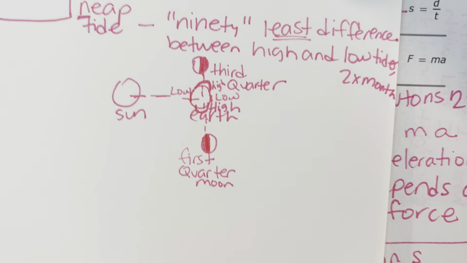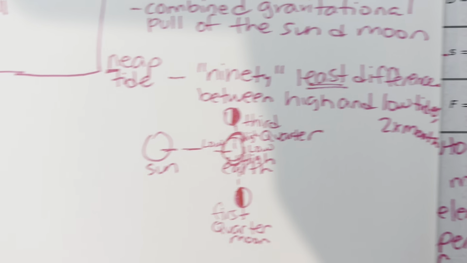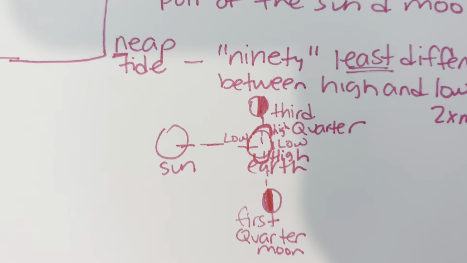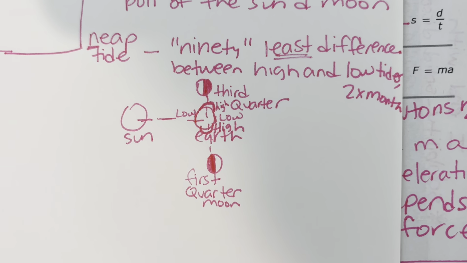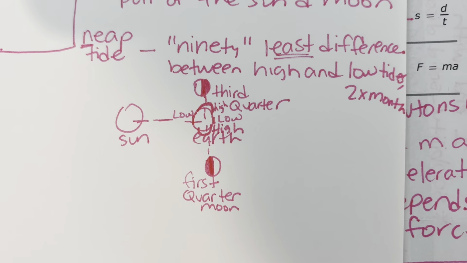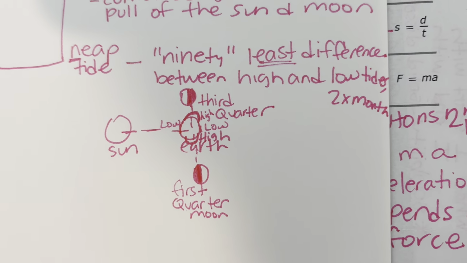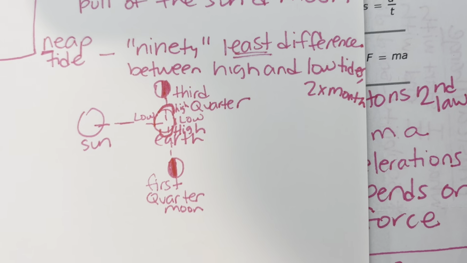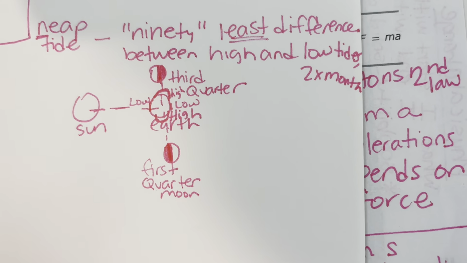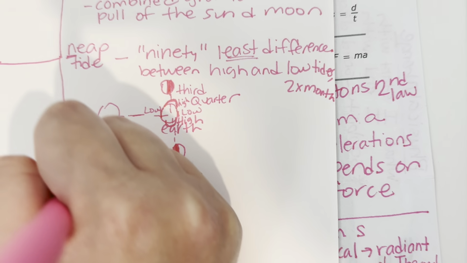But in this case, there's not that much difference between high and low tides, right? Because the pull is less. Because you have your sun and then your moon at 90 degrees, and so they're kind of canceling each other out in a way. There's less pull here. All right, so that is the end of tides.